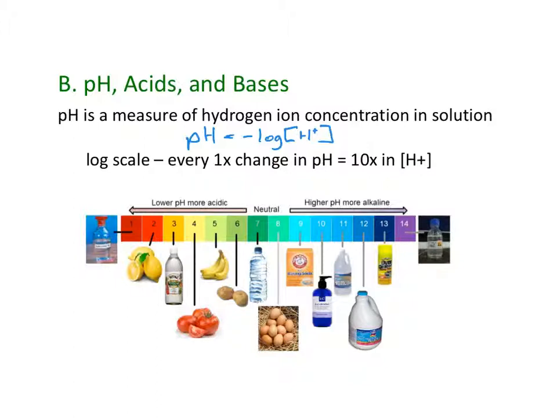The negative inverts the scale, meaning that as the concentration of hydrogen ions goes up, pH goes down. Log tells us that this is a log scale, so that for every one-fold change in pH, you get a 10-fold change in hydrogen ions, which is what I wrote right here.